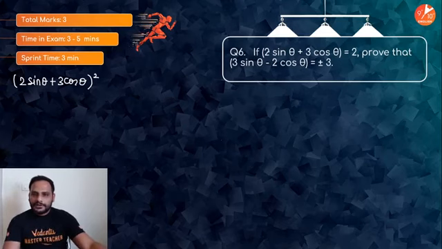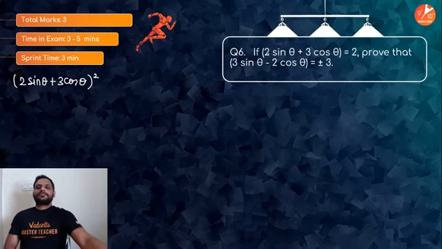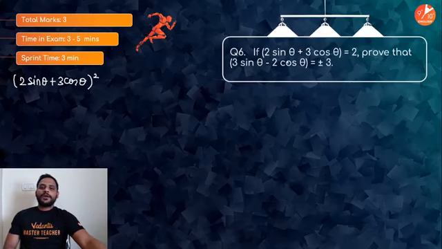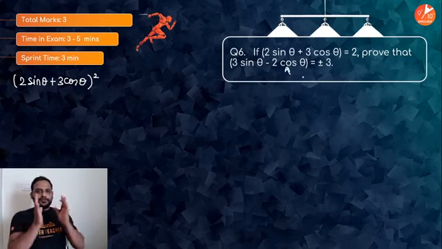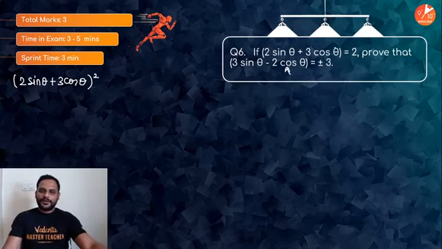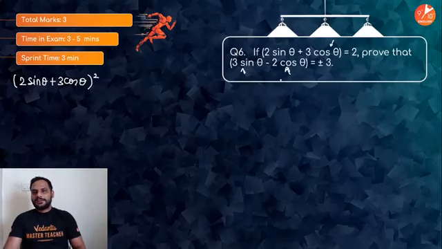I thought, sir, 2 sine theta, if I do the square, it will give me 4 sine square theta. And if I do the square of 2 cos theta in this equation, I will get 4 cos square theta. Sine square theta and cos square theta I can take common, right? Here 3 cos square theta will give me 9 cos square theta. 3 sin theta will give me 9 sin square theta.